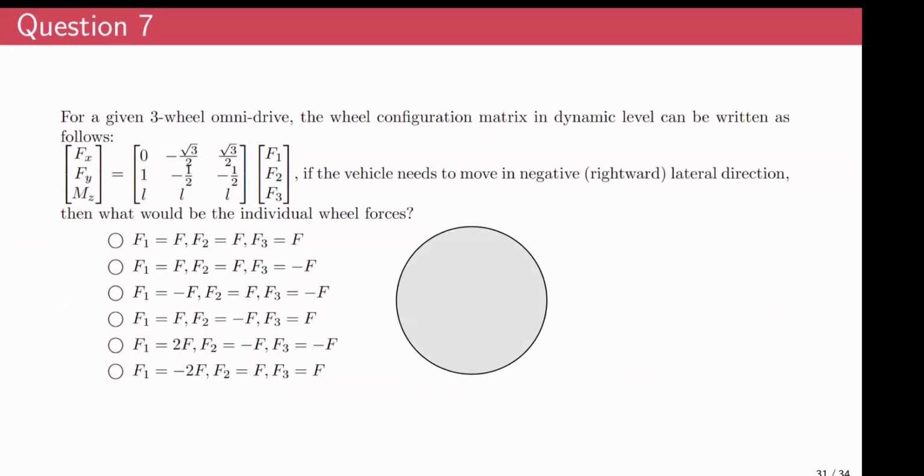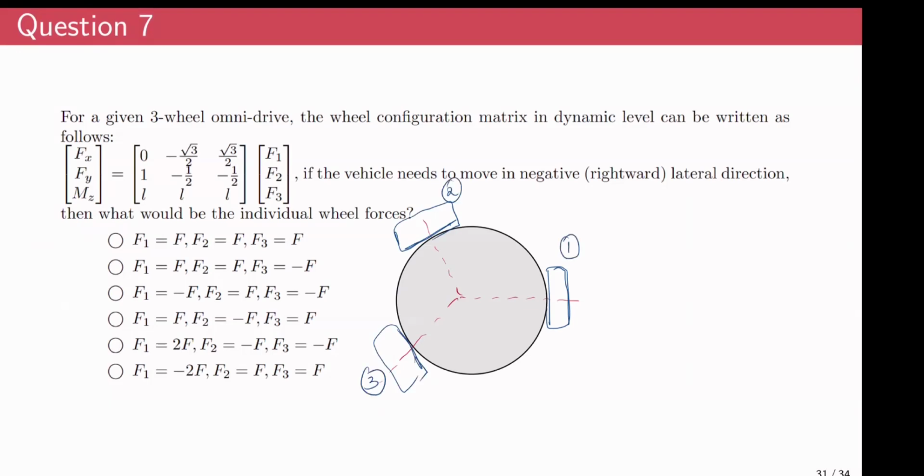These are separated 120 degrees apart. And we have the three wheels. This is wheel 1. This is wheel 2. This is wheel 3. We label this as wheel 1, wheel 2, wheel 3.